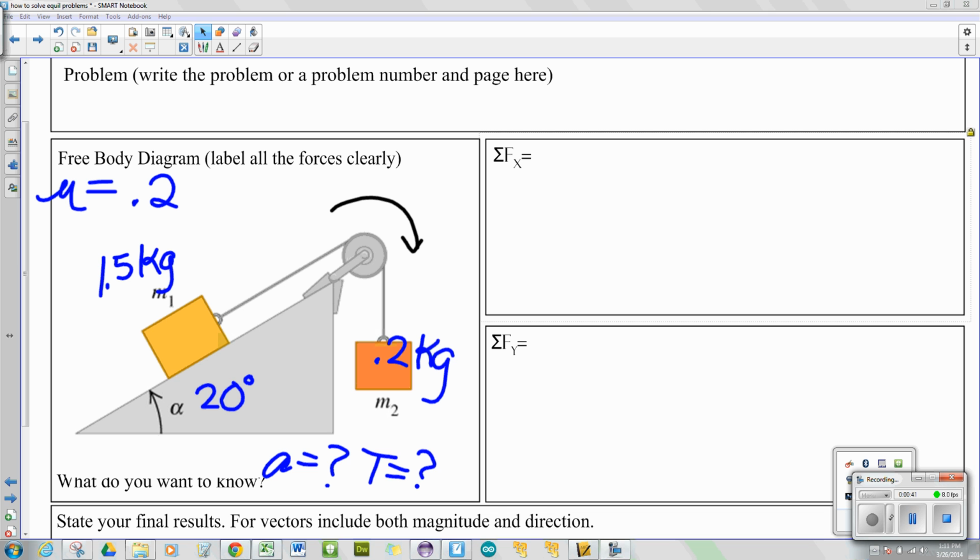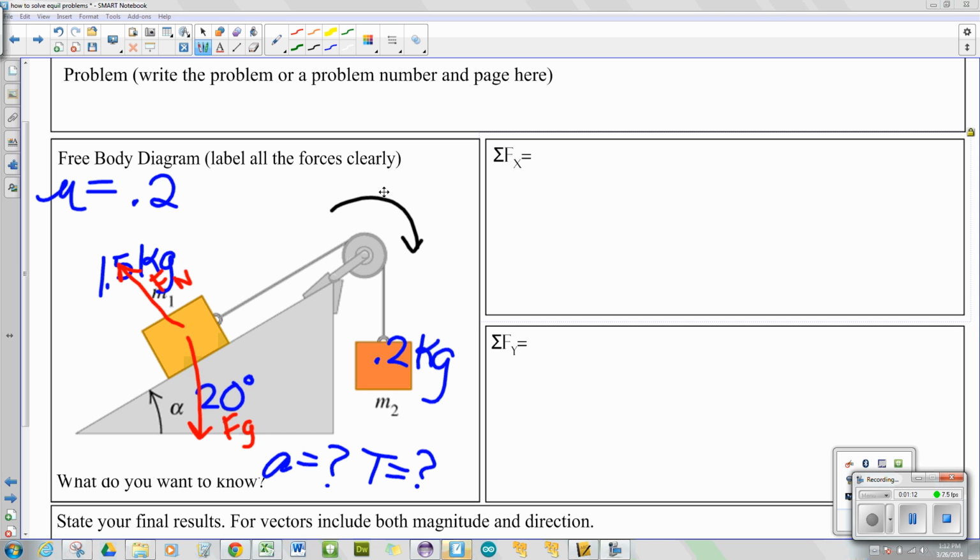The first thing I'm going to do is draw my free body diagram. So I'm going to have two free body diagrams because there are two objects, and they will be treated separately in the force equations. For the sliding block, I have force of gravity straight down, the normal force perpendicular to the incline.